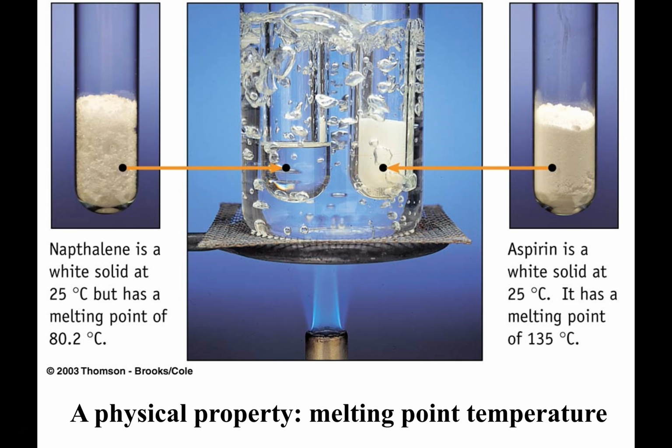So the point here in the caption is like, okay, what's going to make you sick will melt at 80, and what's going to cure your headache is going to melt at 135. So this is kind of convenient. We put them both at a temperature of 100, and one melts and one doesn't.